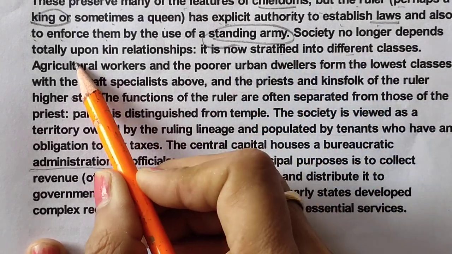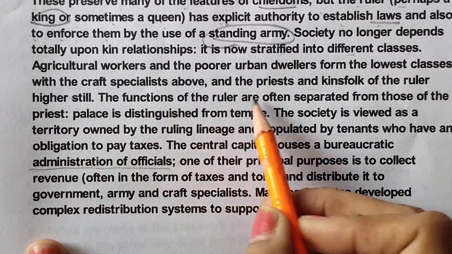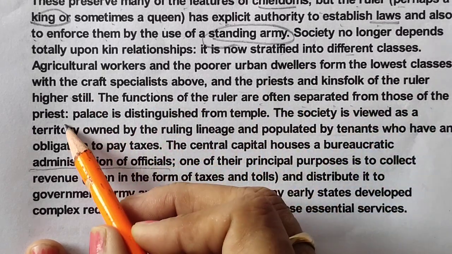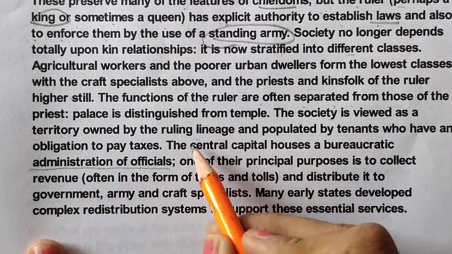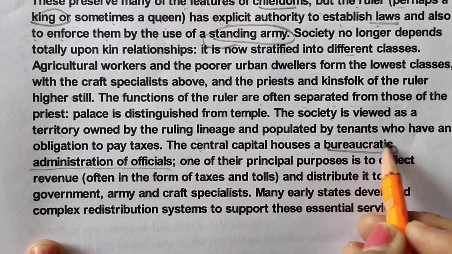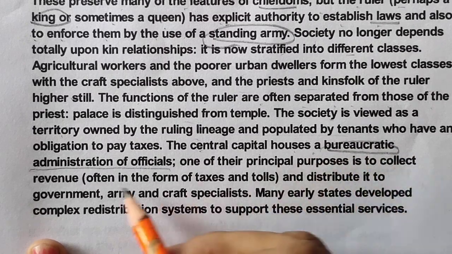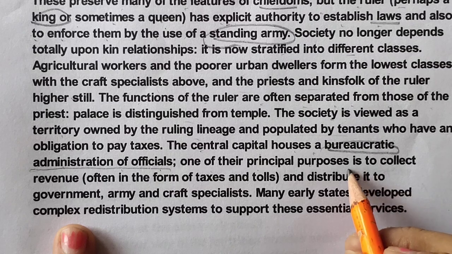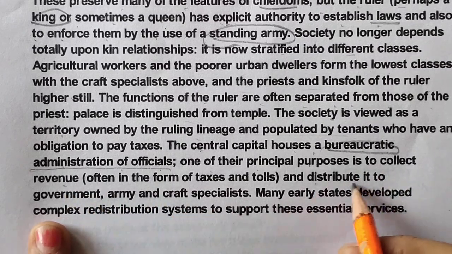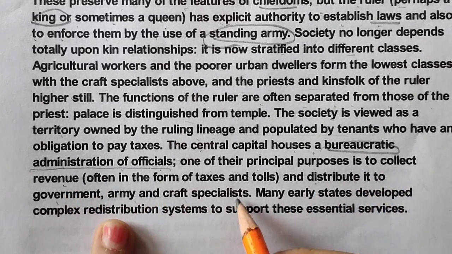The functions of the ruler are often separated from those of the priest. The society is viewed as having a central capital. Yeah, this is the word. So the house is a bureaucratic administration of officials. One of their principal purposes is to collect revenue and distribute it to the government, army and craft specialists.